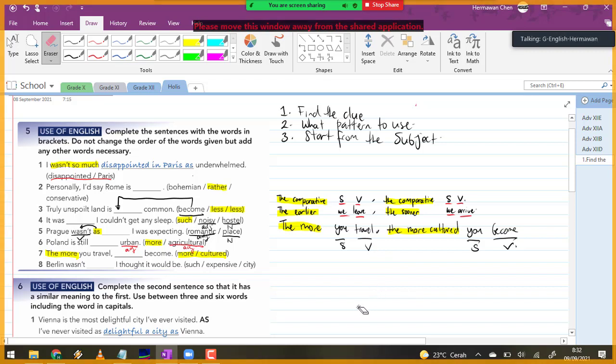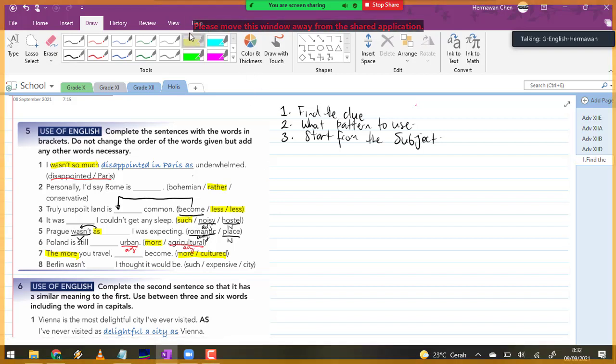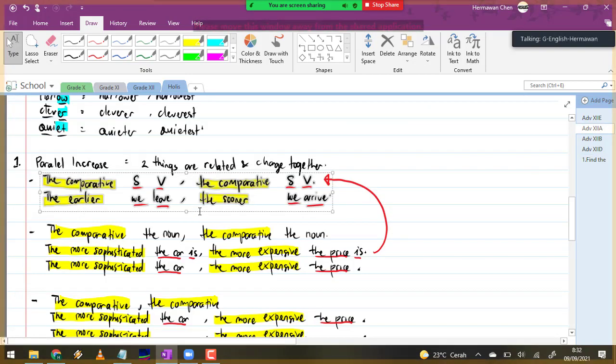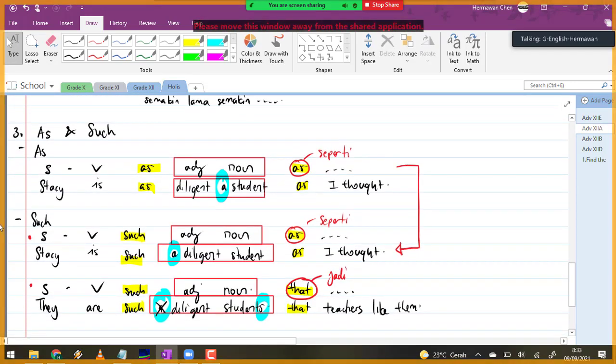None? Okay. Let's continue to number 8. What is the clue for number 8? It's given, guys. Such. It means we have to use pattern number 3, yeah, for such.